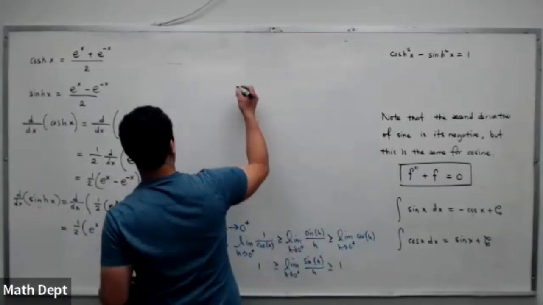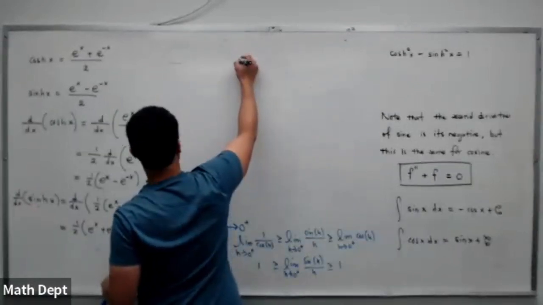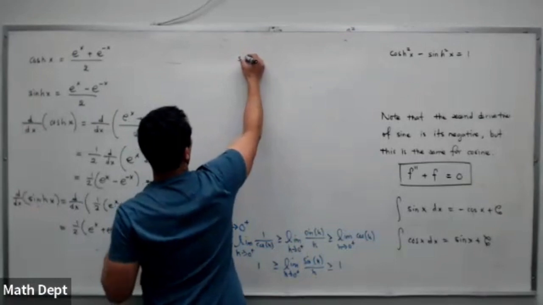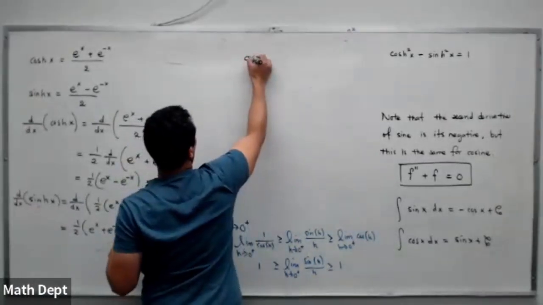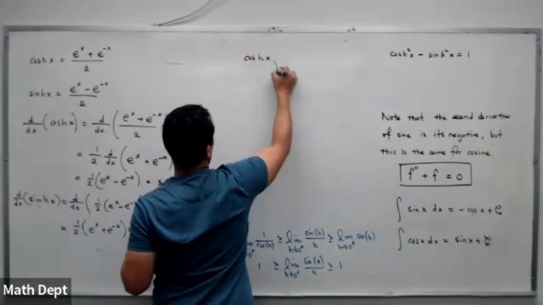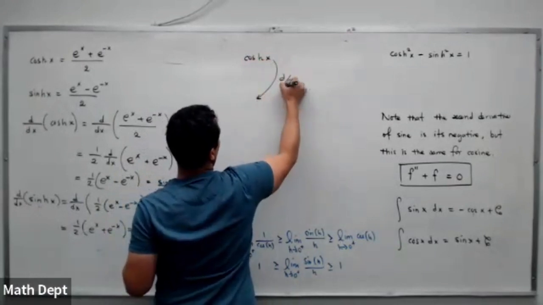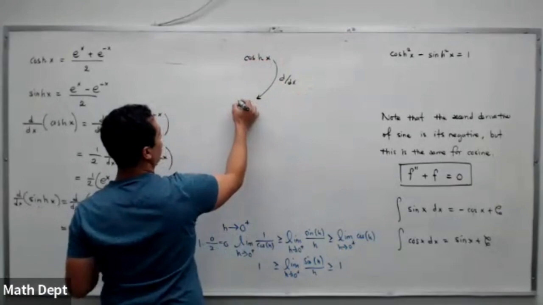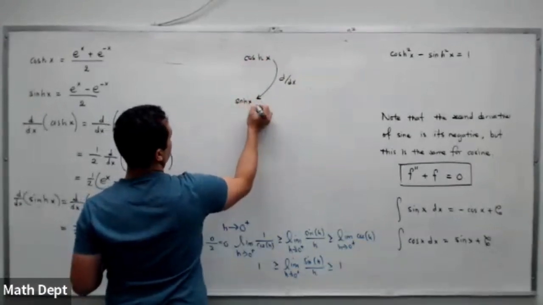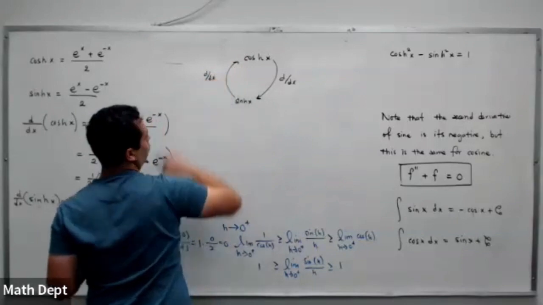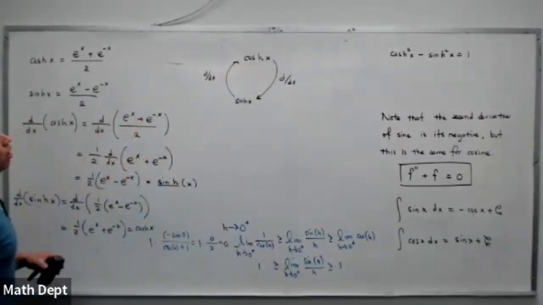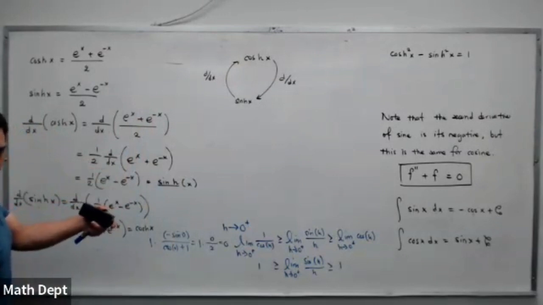We would say, look, starting with cosine hx, you will get sine hx. Then taking derivatives again, that means that if you take the second derivative of the function, you get back to itself.